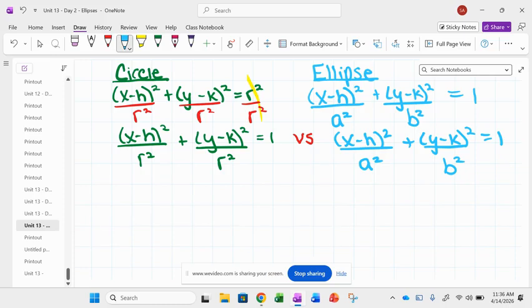The ellipse has different denominators, but the circle has the same. So what does that mean for your a squared and your b squared? They have to be the same. What this is basically telling me is that in a circle, the semi-minor and semi-major axes, which are a and b, are the same, whereas in an ellipse, they are different.